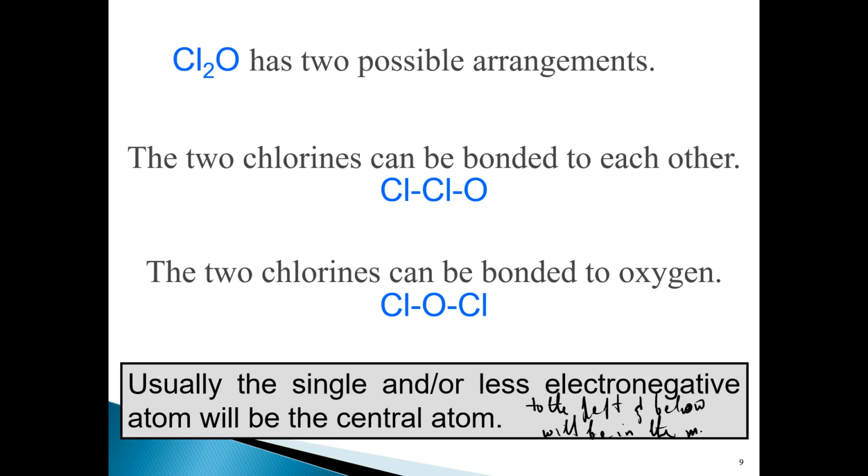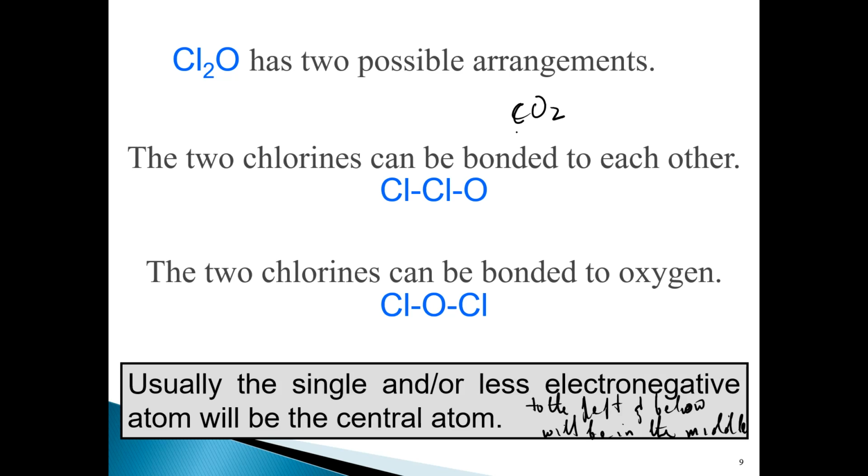All right, and I'm talking about with reference to the periodic table. So, for example, well, this would not be a good example because in this case, oxygen is a single atom here. But I'm thinking something along the lines of, let's say, you have carbon dioxide. Well, not only is the fact that carbon is a single atom here, but if you look at the periodic table, in period 2, you'll see that carbon is to the left of oxygen.